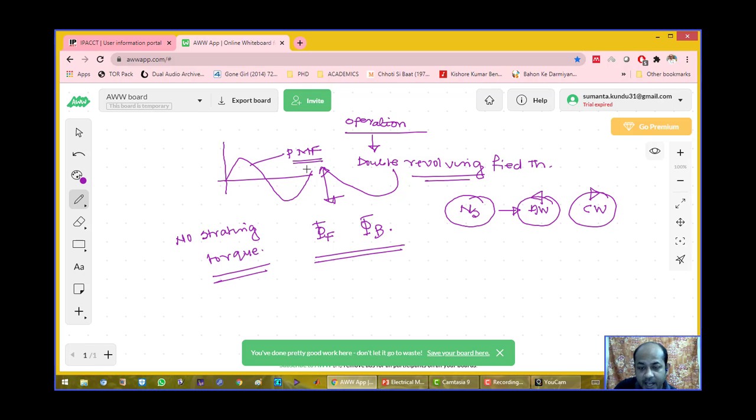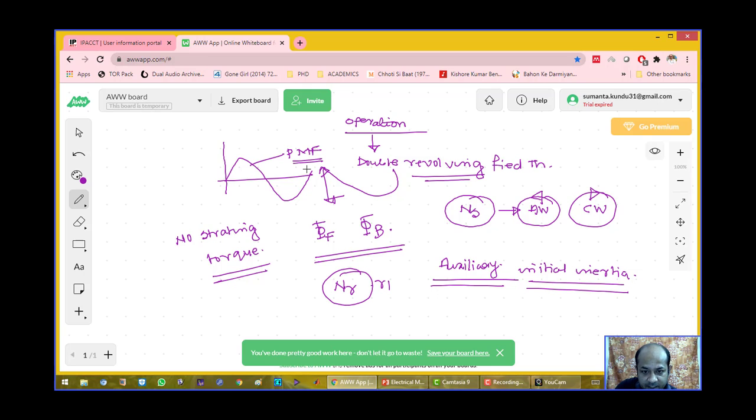And it also explains that if by means of some auxiliary means we can provide the initial inertia or initial thrust to the single phase induction motor rotor, it will start rotating, and after some time it will rotate with a stable rotor speed nr rpm. So this is what we have seen.